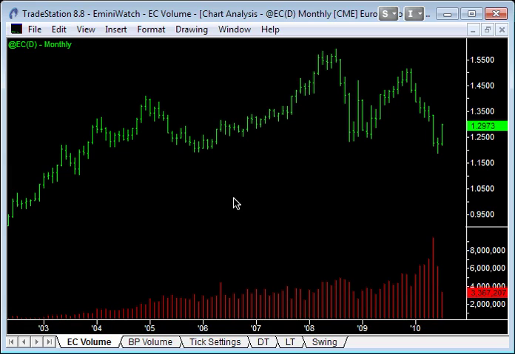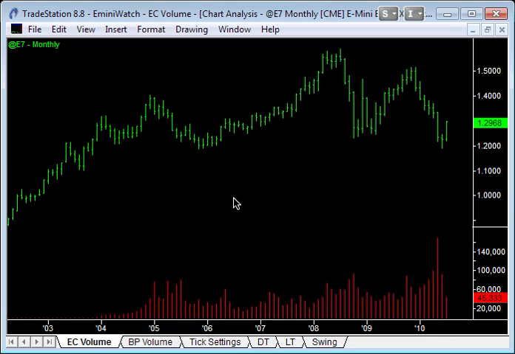When I compare that with, I'm just going to go down to, the E-mini euro contract. This is the E7 contract, again a continuous contract at E7 on TradeStation. You can see the volume going through is only about 100,000 contracts, so it's a lot smaller than the EC contract.